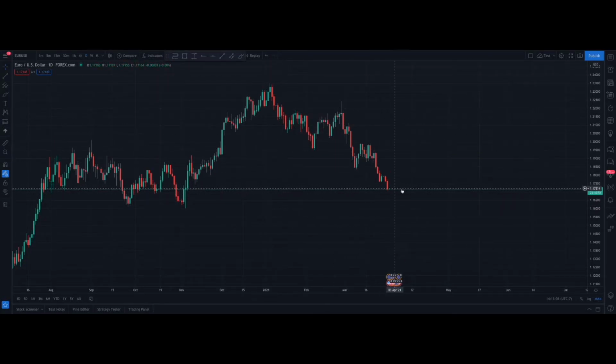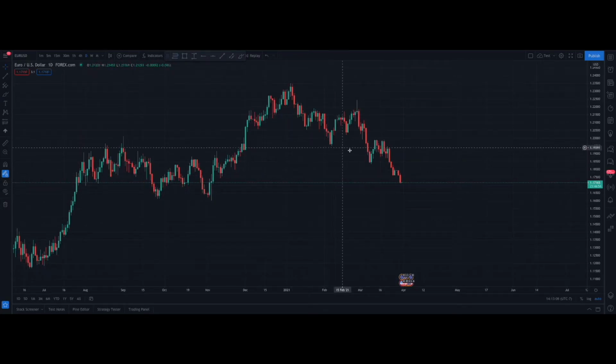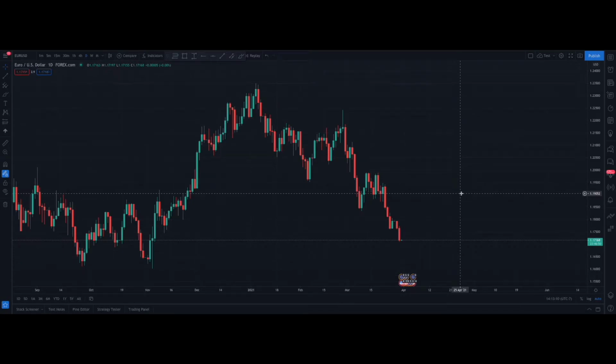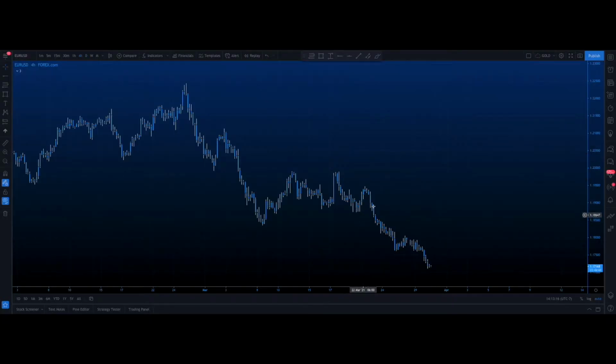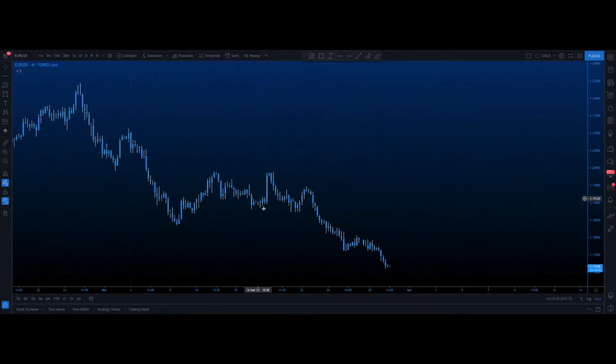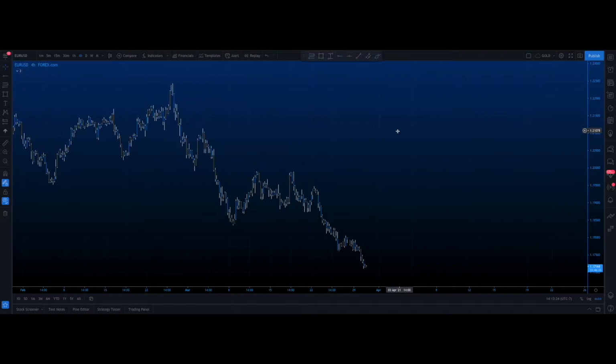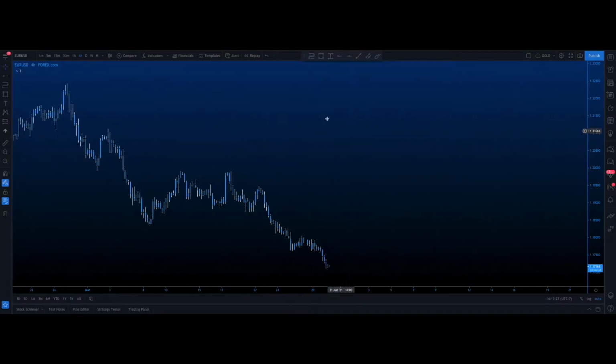A lot of people use the red and the green candles, but personally, for psychological reasons, which I can make a video on later on, we've adapted our Silicon colorway and we really like it. It's nice and clean and it works really well for us. So anyways, let's move on to the trade for today.